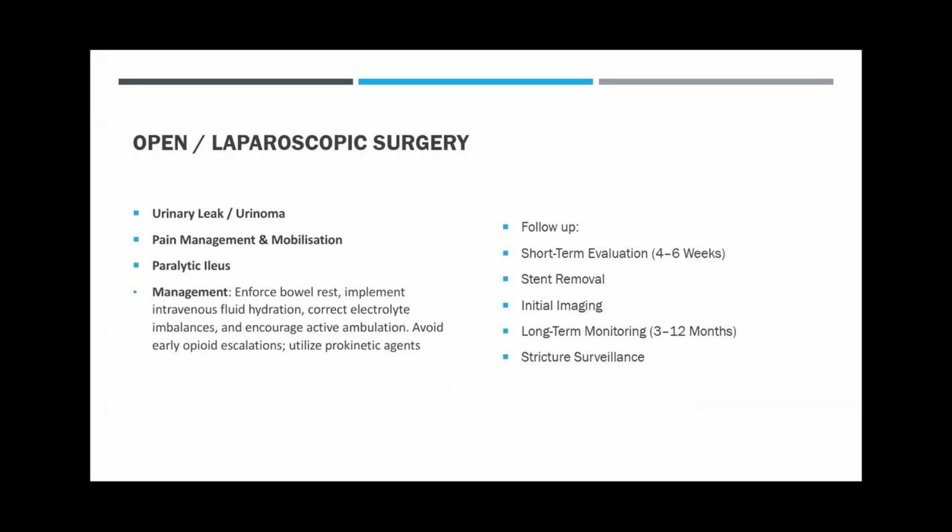Then I should mention also urine leak or urinoma, and pain management and mobilization. Then we have also the paralytic ileus, and we need to enforce nil by mouth and implement intravenous fluid hydration and correct electrolytes, encourage active ambulation and avoid early opioid escalation.